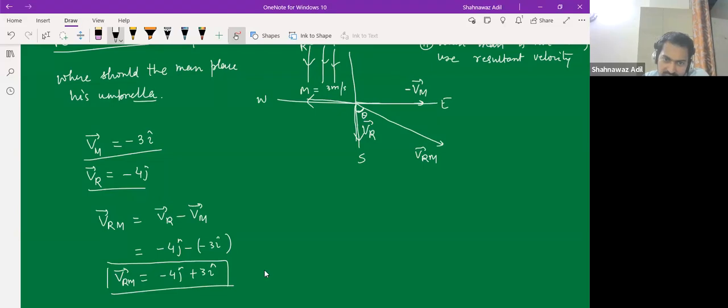So when you calculate this theta, what would be this tan theta? This is 4 and this is 3. So tan theta would be 3 by 4, right? So what is this 3 by 4 angle?